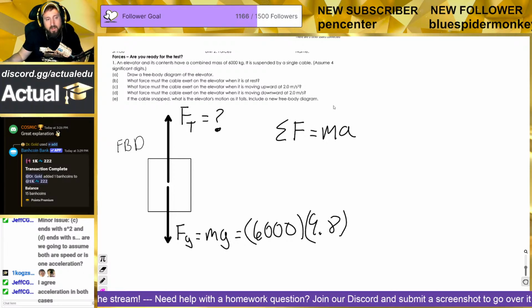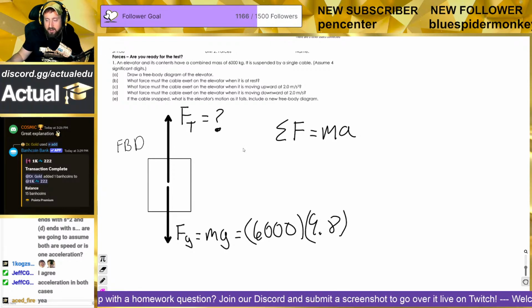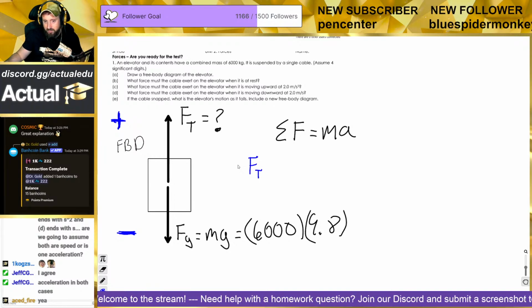Then we're going to use Newton's laws to add up the forces. This is where it becomes tricky with the signs. I always like to say this direction, up, is positive, and this direction is negative. So when I'm adding my forces, the force of tension is positive. You don't have to write the positive there.